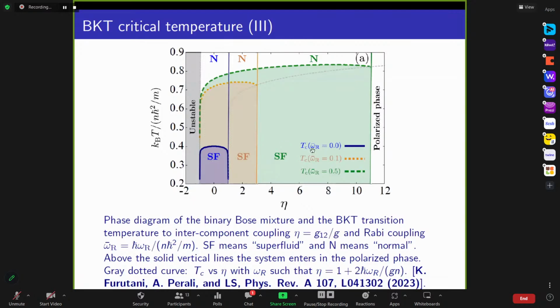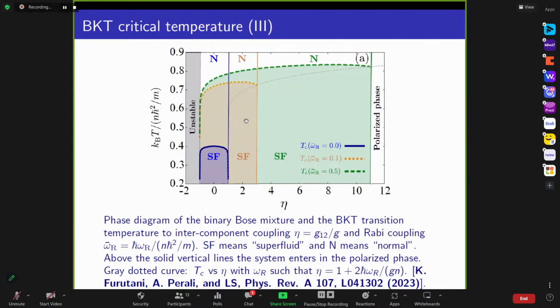For instance, if you consider Rabi frequency equal to 0, you have this blue line here, where you have the superfluid state below this blue line. Above the superfluid, you have the normal configuration, and on the right of the vertical straight line that is plotted here, you have actually the polarized phase. So you have to consider this region here, superfluid and normal. And on the right, you have the polarized phase, and on the left, you have the unstable phase.